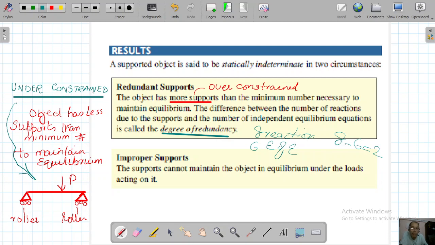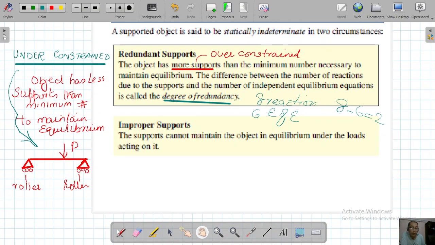Another very important case that I have already discussed is when a body is under constrained: the object has fewer supports than the minimum number needed to maintain equilibrium. For example, here you have 2 support reactions, and you have 3 equations of equilibrium.